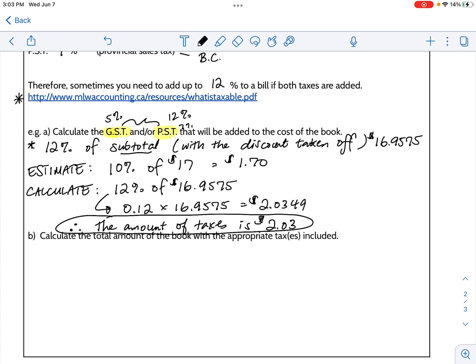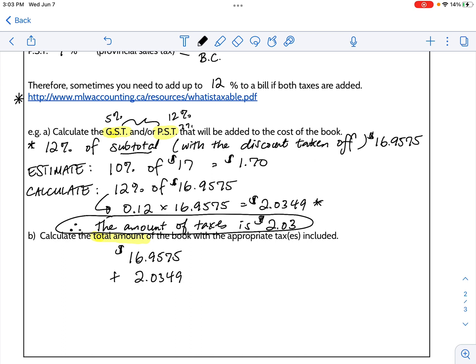Finally, the last calculation to do with this is now you're going to calculate the total amount of the book with the appropriate taxes included. Again, in this case, I want you to do this by hand, no calculator. So you're going to take what the subtotal was from number 2, which was 16.9575, keep all the decimals, and then you're going to add 2.0349.